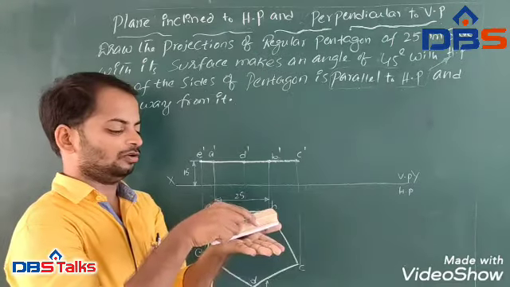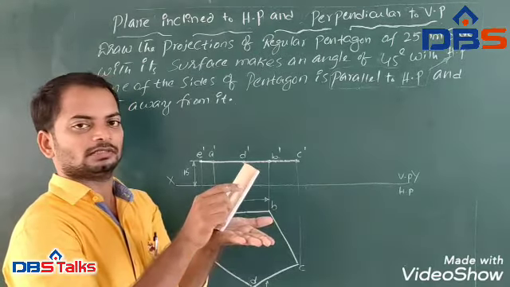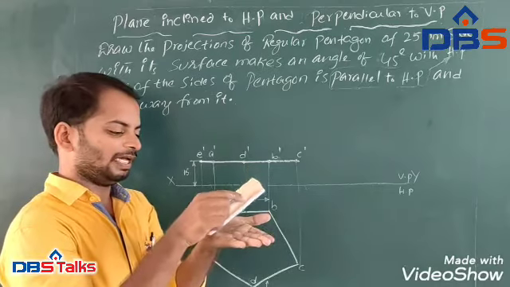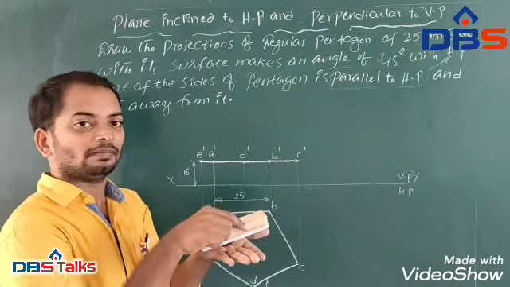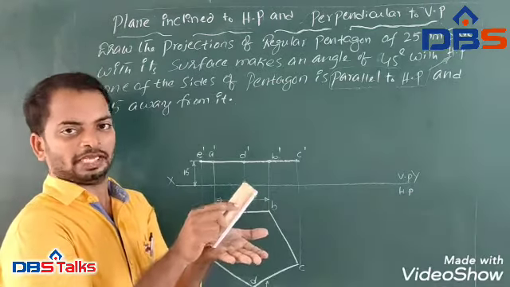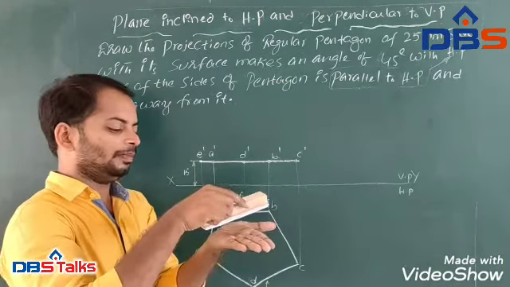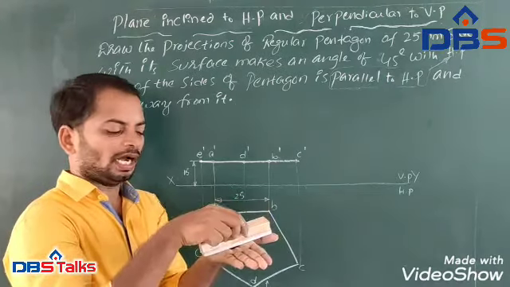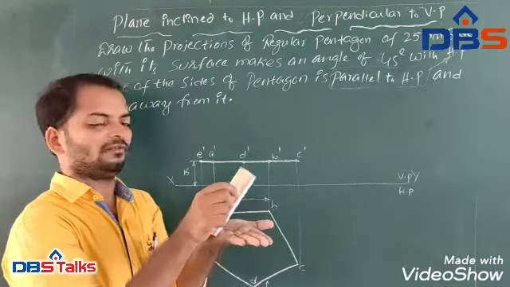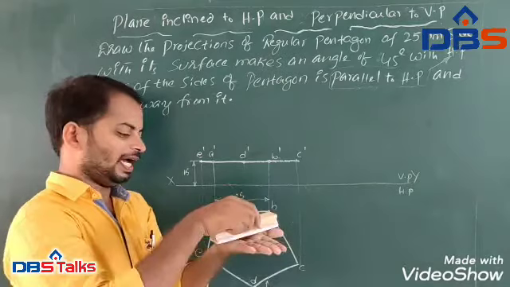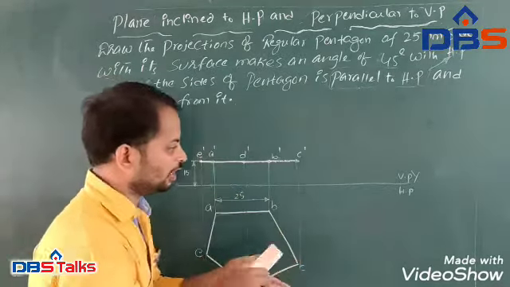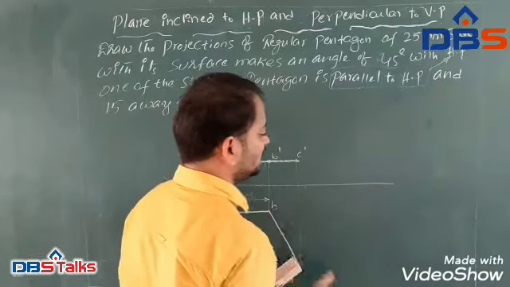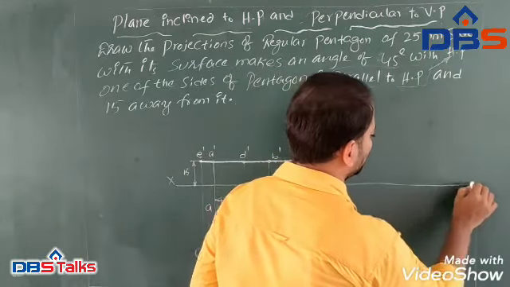After that it has to go for 45 degrees. We can't place directly the regular pentagon by default at 45 degrees with HP. So we have to be in a rest position and then it has to be tilted for 45 degrees.